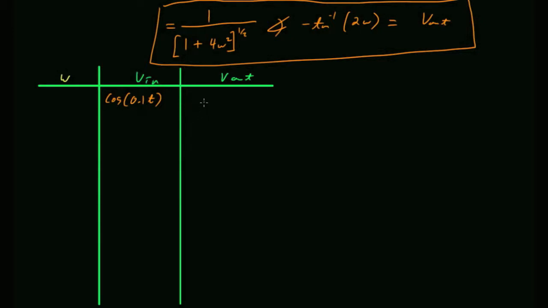If I took that cosine and put it through this circuit, what would my output voltage be? How could I figure that out? All I need to finish my phasor here, what's the only thing I don't have? Omega.